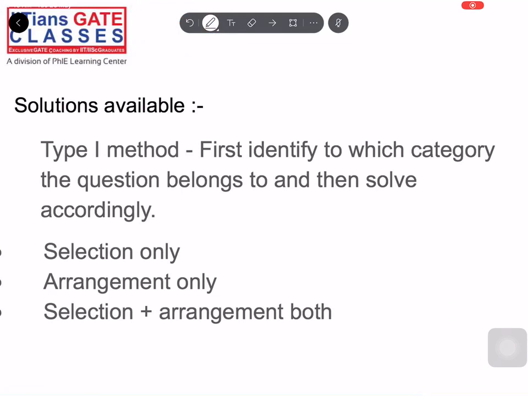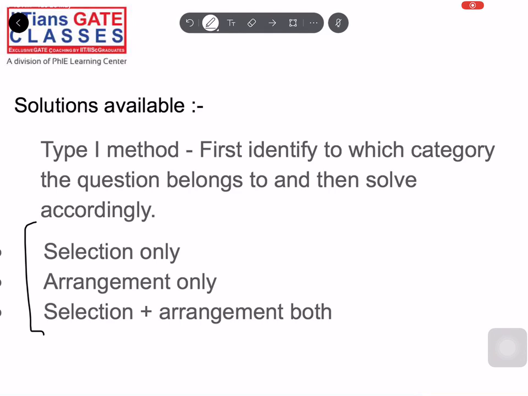Now let me discuss what types of solution are available with us when we have any permutation and combination problem and we want to solve it. The first set of solution actually has three categories. We have to identify which category that particular question belongs to.